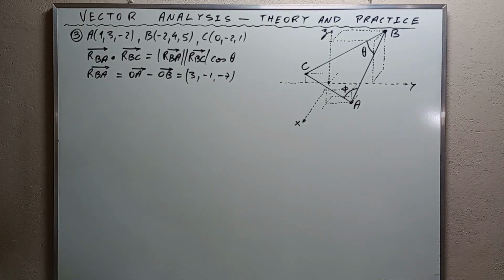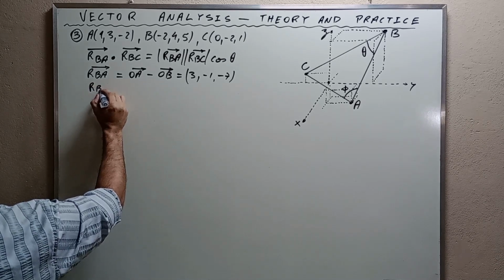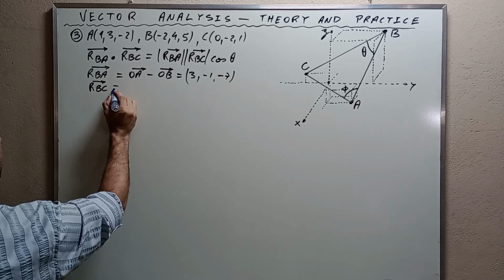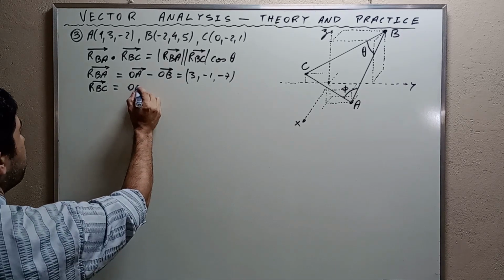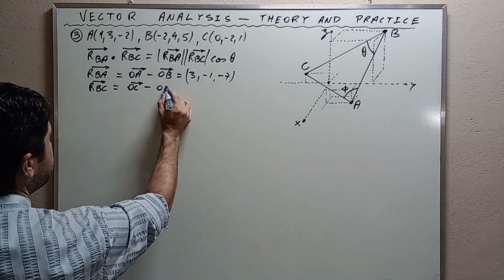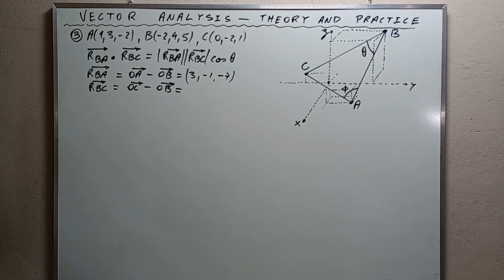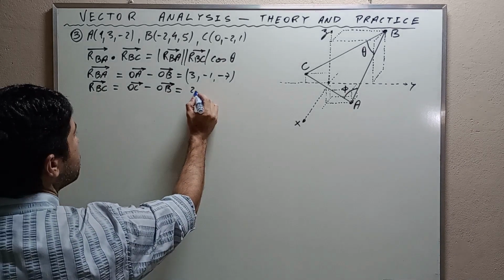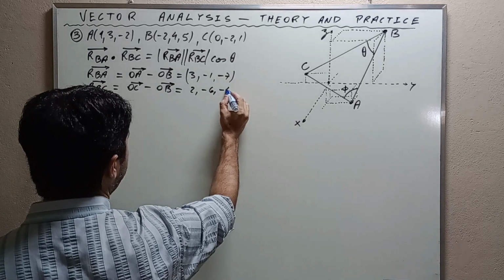Likewise, R_BC can be understood as the vector from the origin to C minus the vector from the origin to B. And if we compute, we find 2, -6, -4.